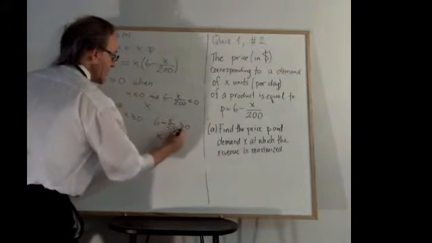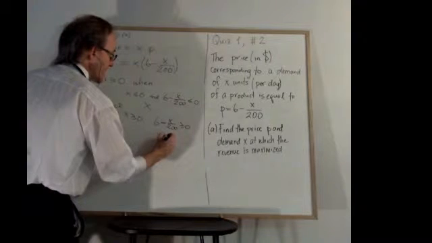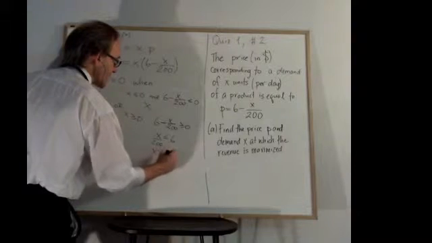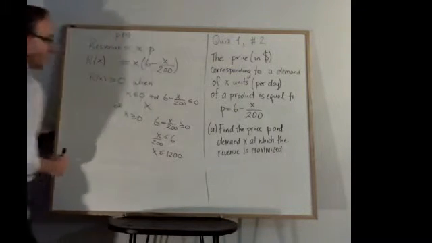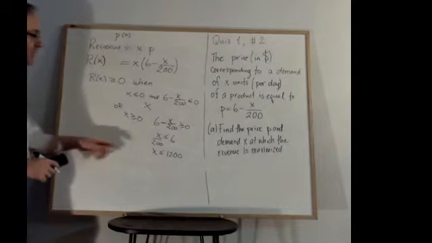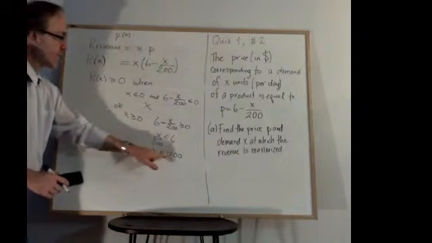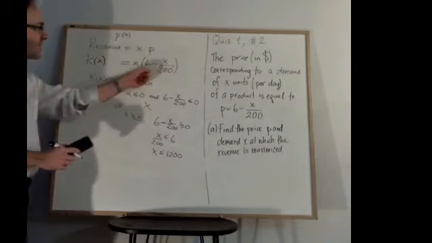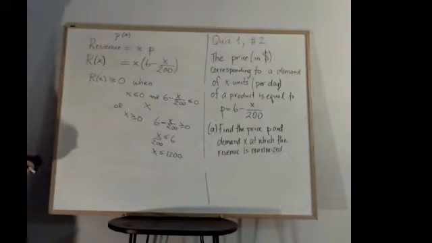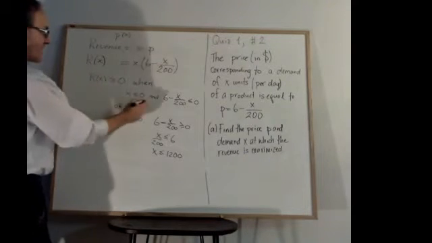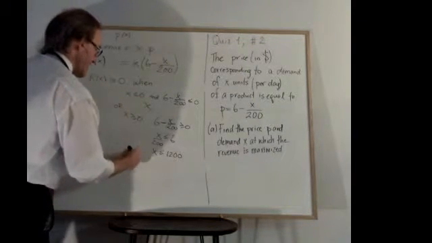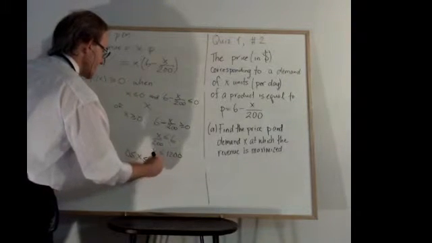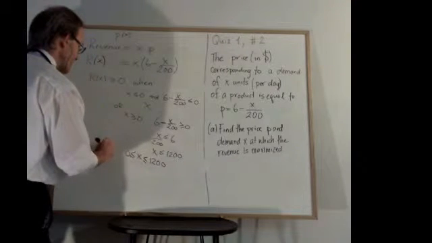And x should be, this will solve and give you x over 200 is less than or equal to 6, or x is less than or equal to 1200. So there's a maximum value of the demand above which, what happens to this factor? It becomes negative. So you don't want to sell things at a negative price either. That's wrong. So this is the demand. This is the range of the revenue function. Sorry, the domain of the revenue function.